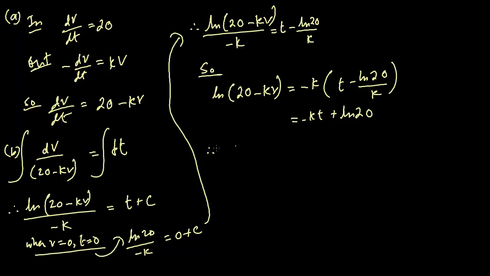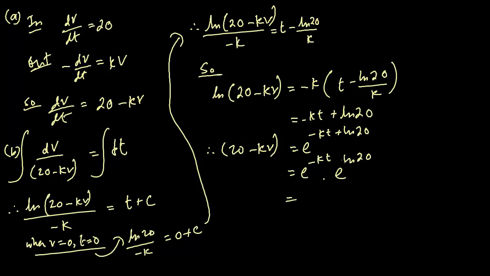Therefore, we can convert the ln into e. So 20 minus kV equals e to the power of minus kt plus ln 20. This is a pretty tricky sum. You have to be very careful so that there is no mistake. It's very lengthy also. So this is going to be e to the power ln 20, which is 20, so 20 e to the power minus kt.